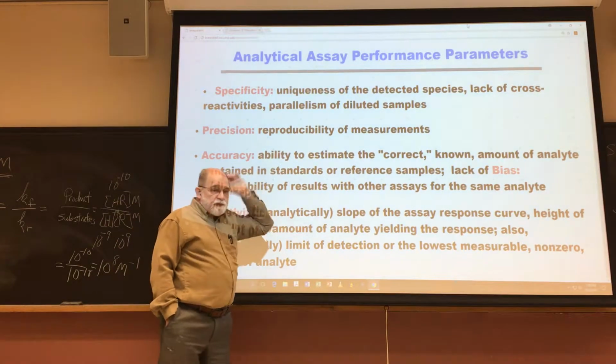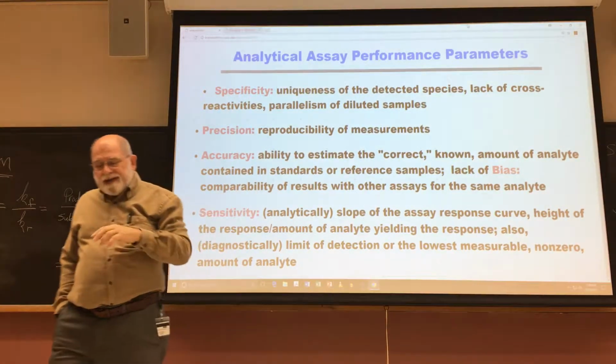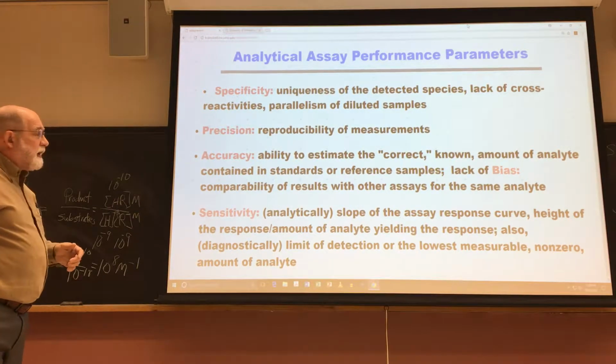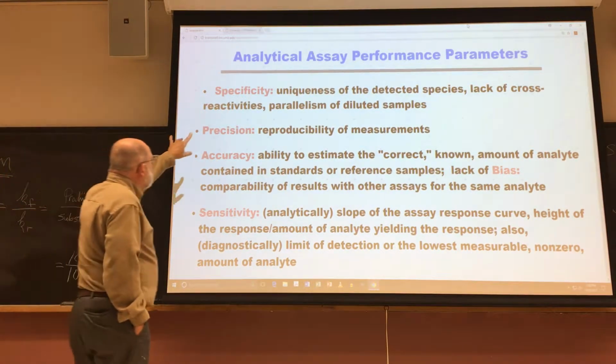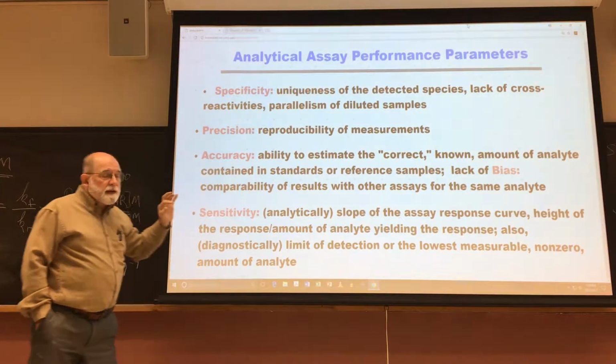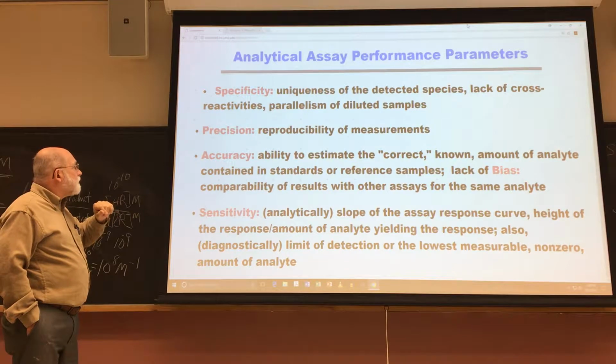The parallelism of diluted samples is a refinement we can talk about in more detail if we've got time. But the main thing is that it's the uniqueness of the detected species so you don't get cross-reaction with other things that are present.